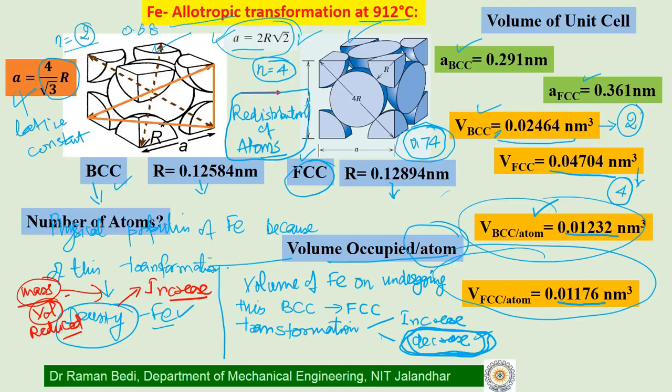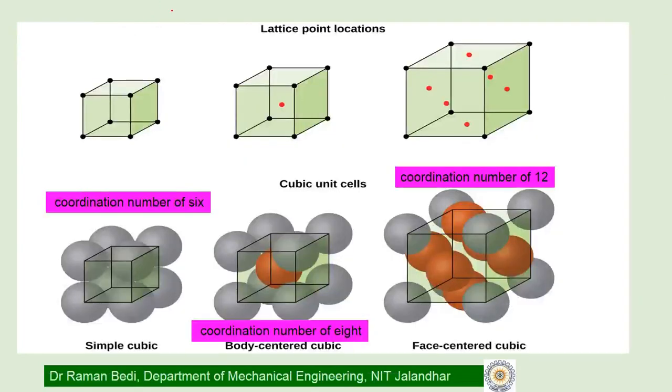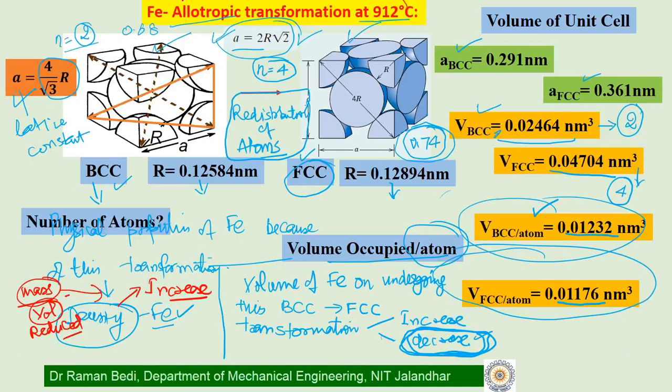So the transformation temperature does not remain 912 if you alloy iron. If you create a carbon iron alloy like steel, or add other elements like manganese, this influences the temperature: from 912 it may increase or it may decrease.